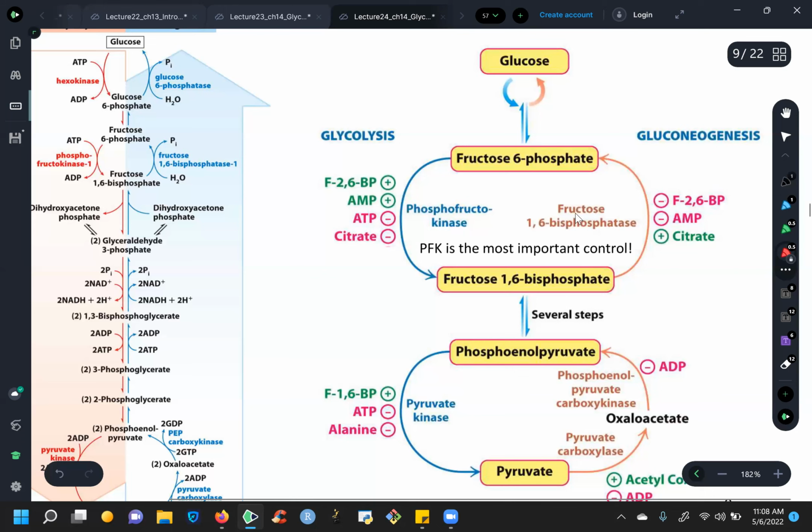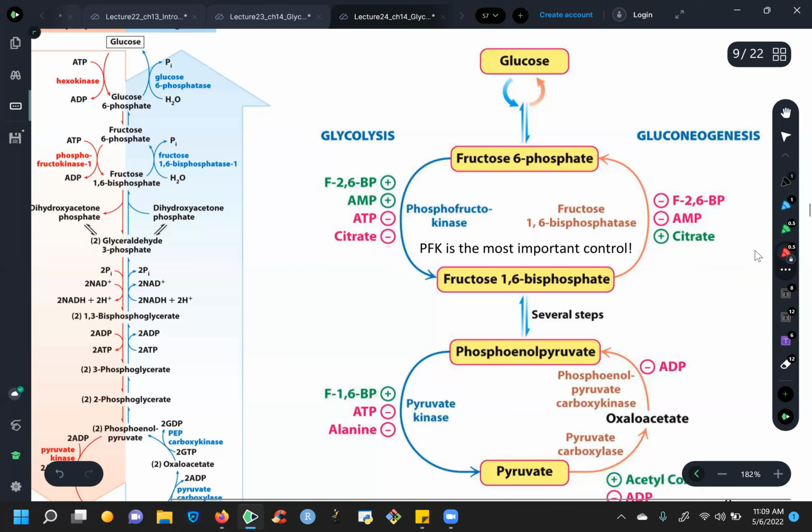Another important thing to recognize is that everything in green will activate or promote that pathway. For glycolysis, we're going downwards, and for gluconeogenesis, we're going upwards. For example, citrate promotes gluconeogenesis, but at the same time, it inhibits glycolysis.